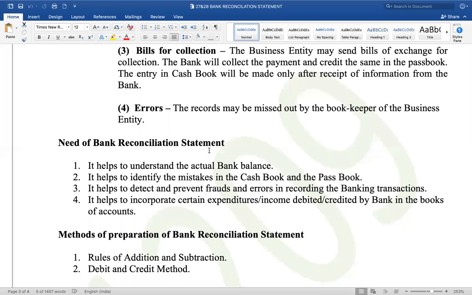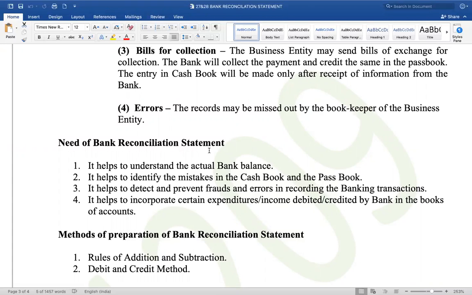When he collects, maybe in 10 days or 1 month, whatever the time, only when he collects will he record in the passbook. But the cashier will not record until the fact that the amount is collected is communicated to him. As long as it is not conveyed, he doesn't record. So let's say the amount is 5,000.